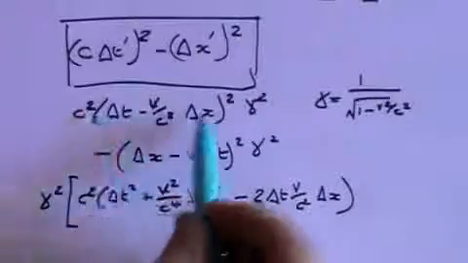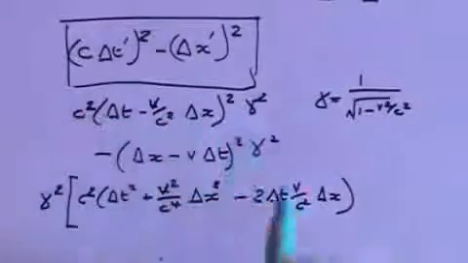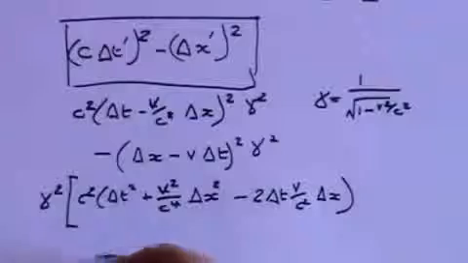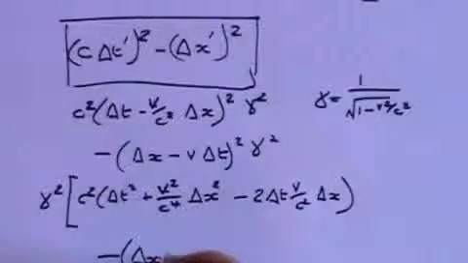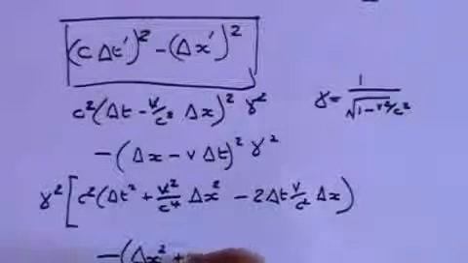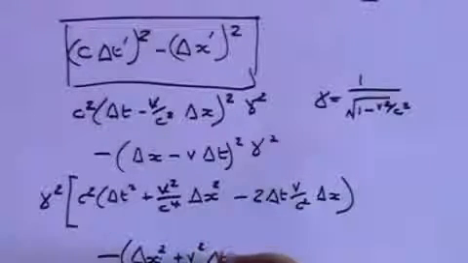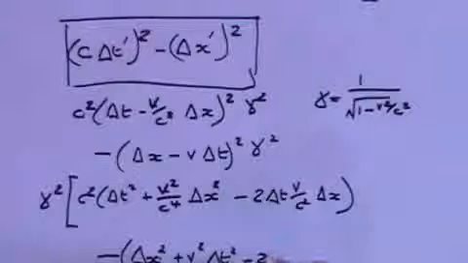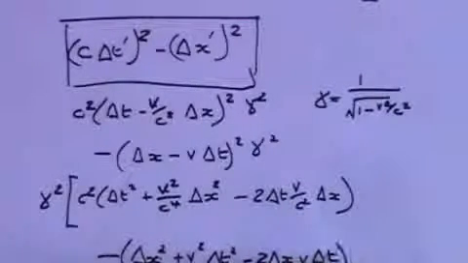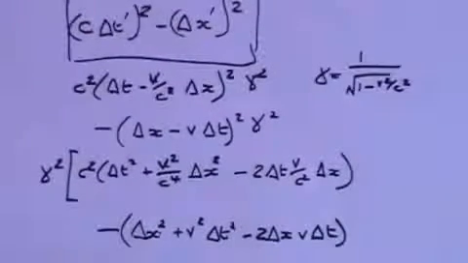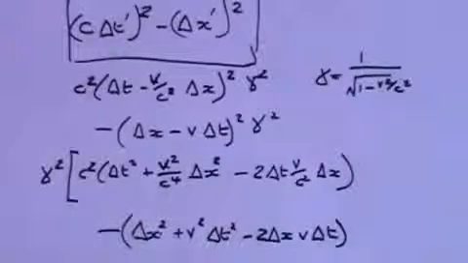That's just multiplying out that term. Now we have to take away this term here, so let's multiply that out: delta x squared plus v squared delta t squared minus 2 delta x v delta t. So now all we've done is laboriously multiplied through.